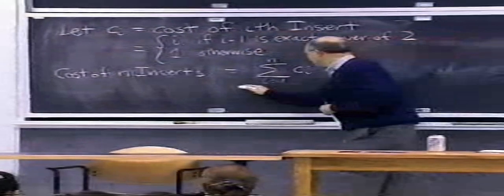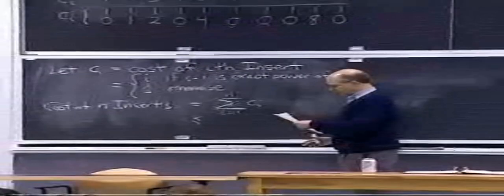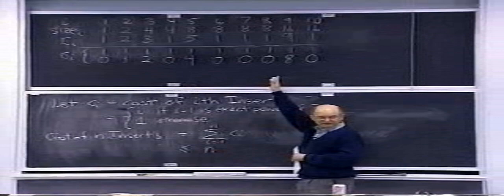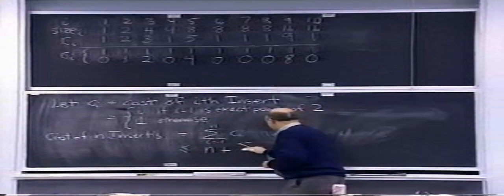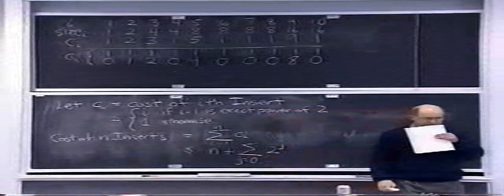And that's at most, I claim by this observation, n for adding up all of the 1s, if I do n inserts. Okay, plus the sum of a geometric series of 2 to the j, where j starts out at 0, and what does it go up to?